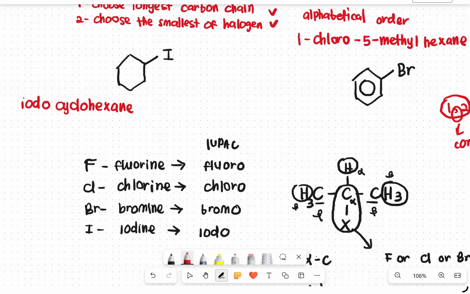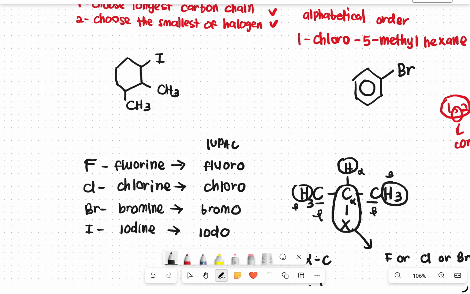For example, let's say we have another example like this, I, and then we have CH3, another CH3 like this. Look at this one. This is the substituent and we have halogen, so we choose this halogen, the smallest number.